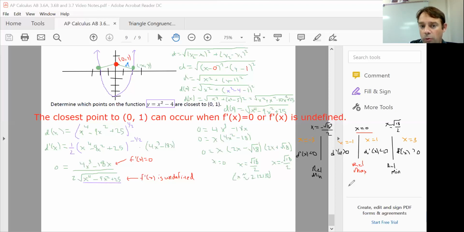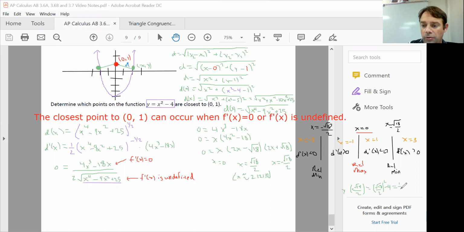So we're going to plug them back into our y. And let's see here. If I plug root 18 over 2 back in for y, I end up with root 18 over 2 squared minus 4, which is 1/2.